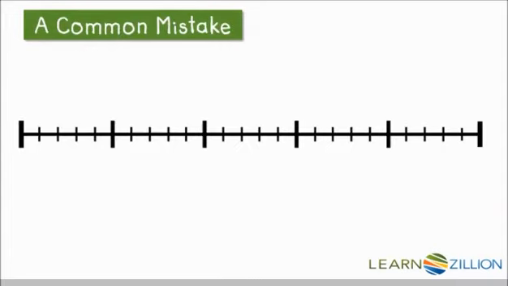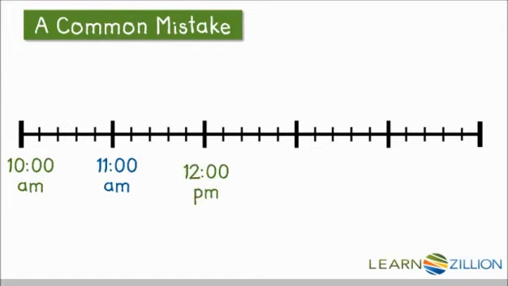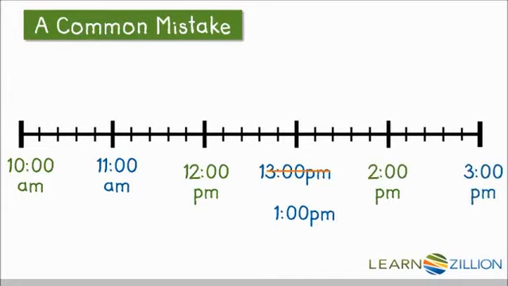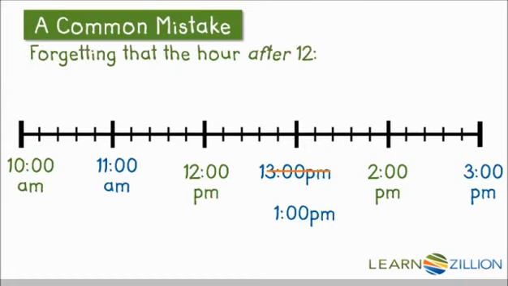A common mistake is when you're counting by time, you have 10 a.m., 11 a.m., 12 p.m., and a lot of people will then say 13 p.m., when actually it's 1 p.m., 2 p.m., 3 p.m. So we just want to remember that the hour after 12 o'clock is 1 o'clock, whether it's 1 p.m. or a.m.